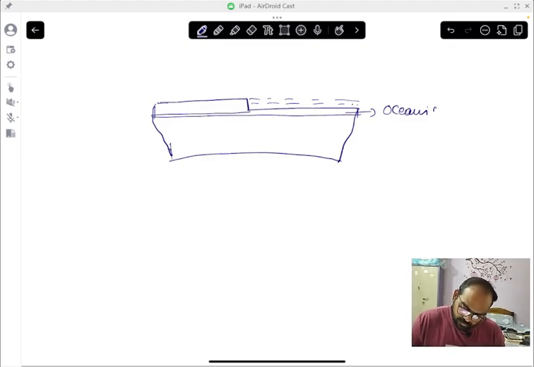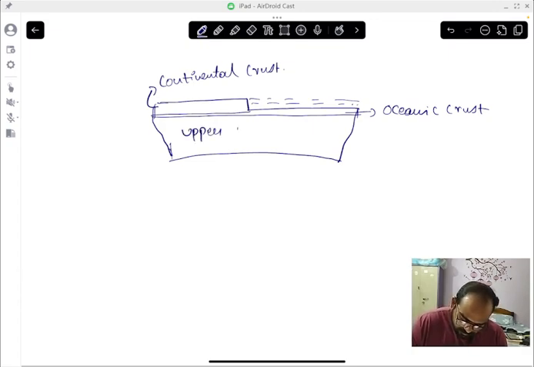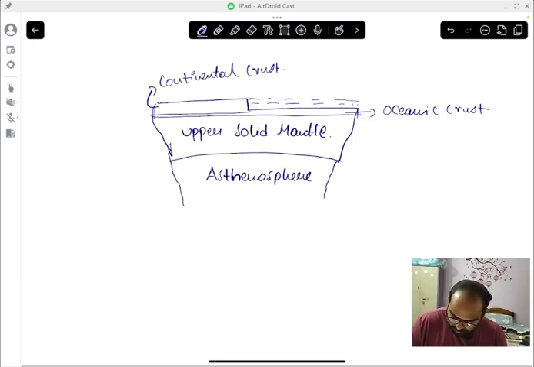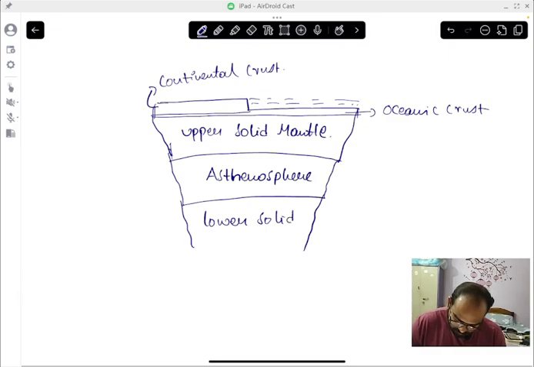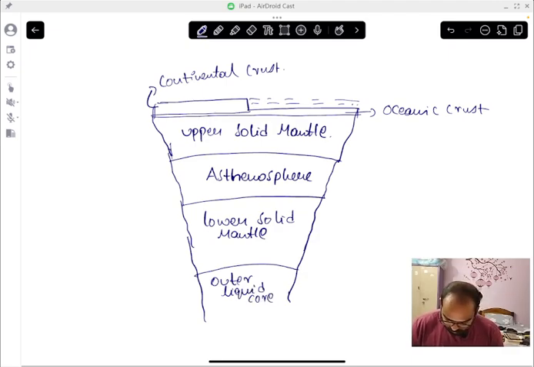Oceanic crust, continental crust, upper solid mantle, asthenosphere, lower solid mantle, outer liquid core, inner solid core.